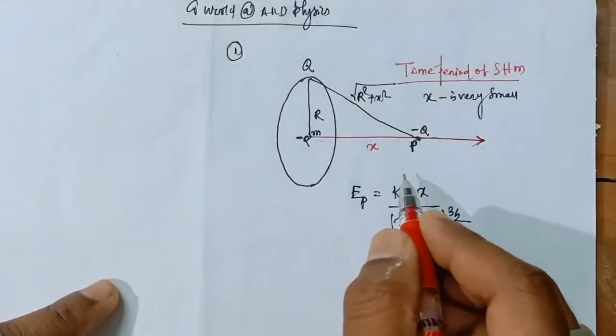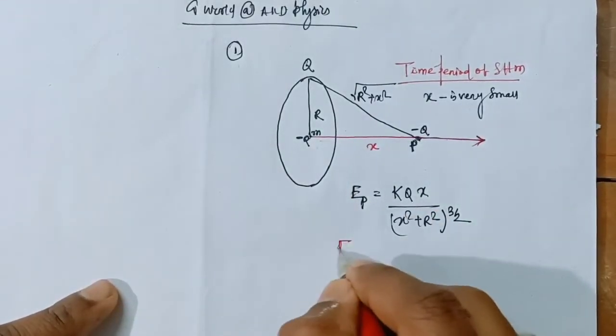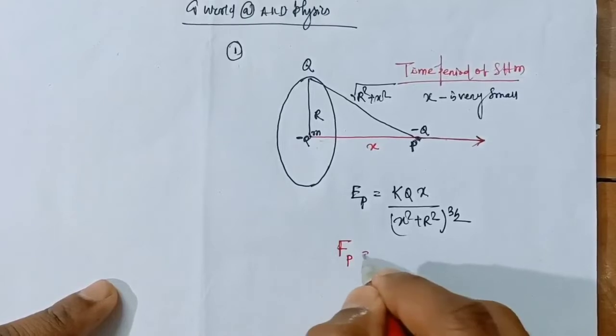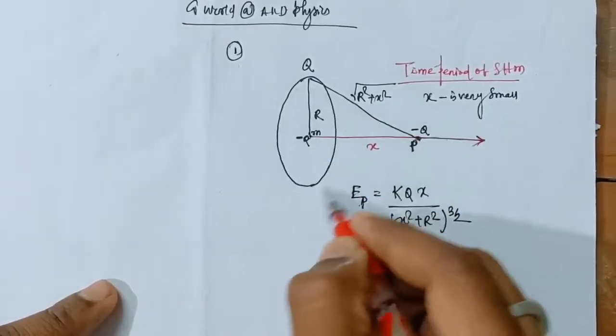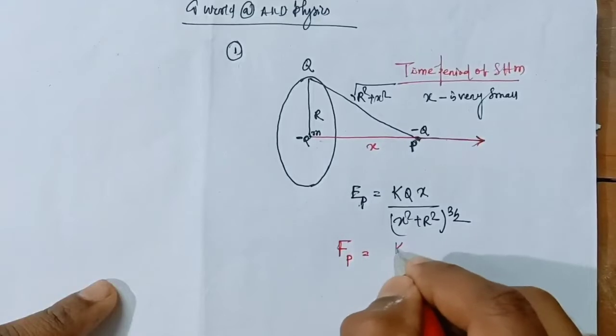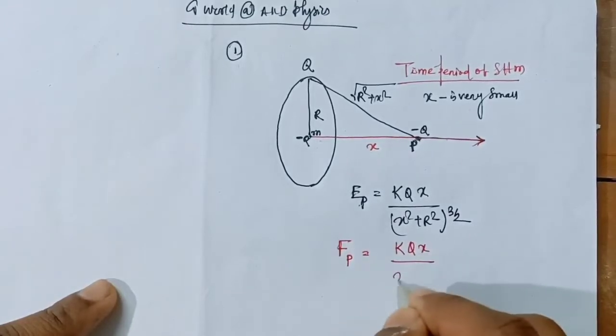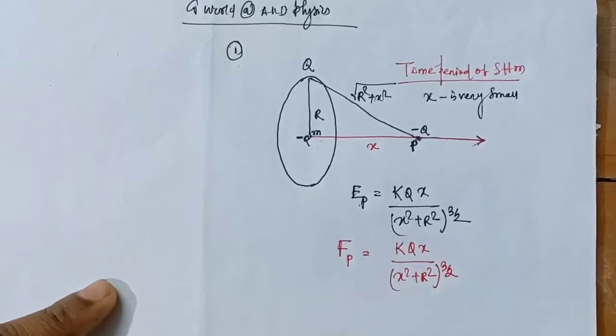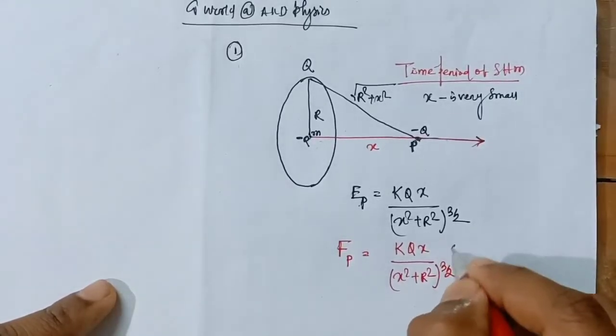And what is the expression of force? The force at point P is nothing but the electric field of the ring multiplied by this charge: KQx upon (x square plus r square) whole to the power 3 by 2, multiplied by the charge.